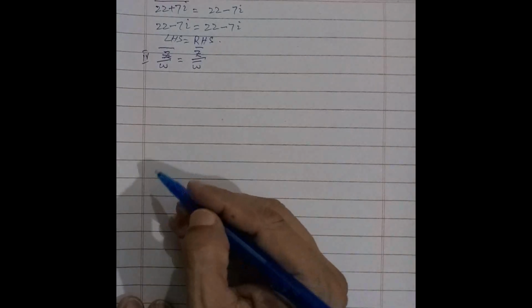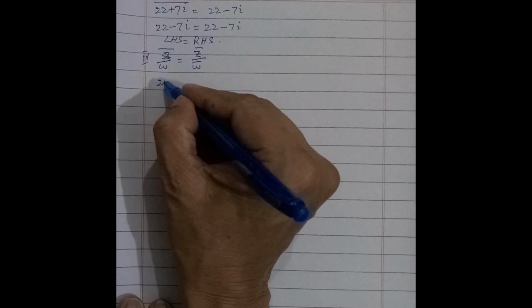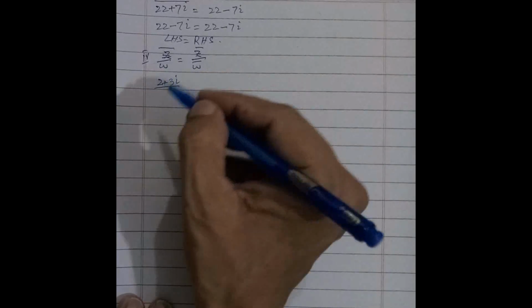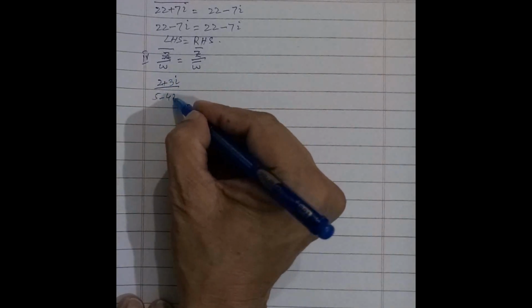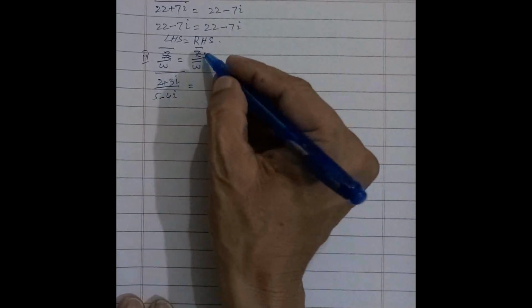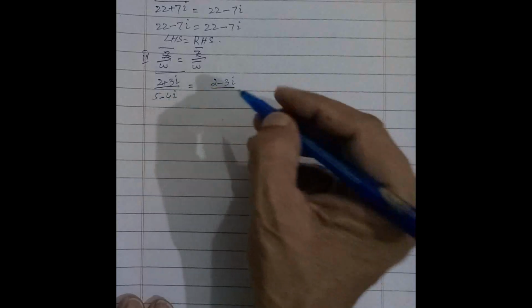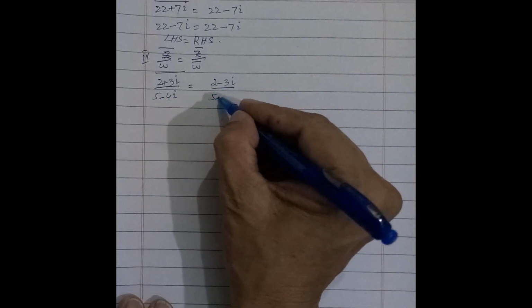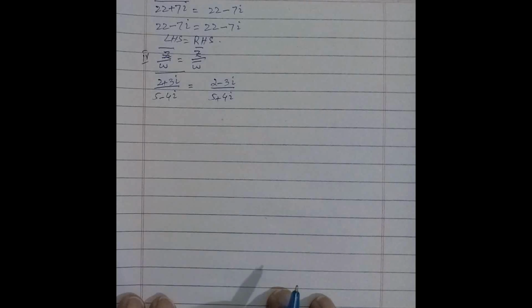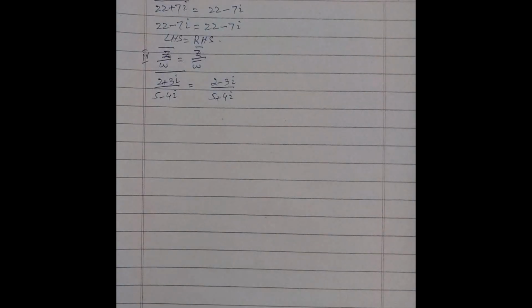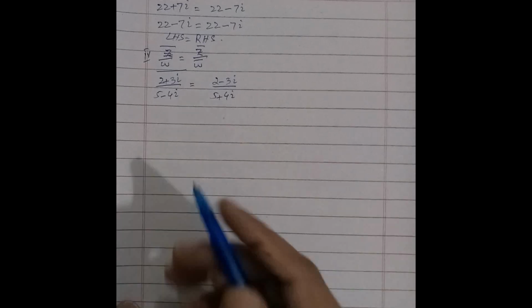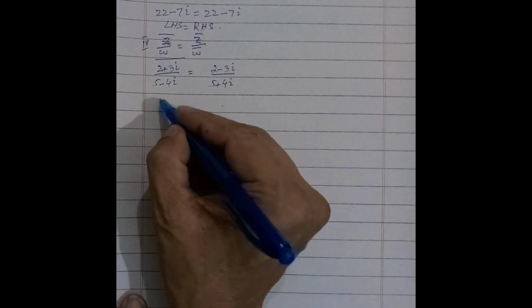We get z is 2 plus 3 iota and w is 5 minus 4 iota, whole bar, is equal to z bar, which is 2 minus 3 iota, over w bar, which is 5 plus 4 iota. Now we solve these fractions of complex numbers by converting them into the standard form a plus b iota. At the same time, we solve it.